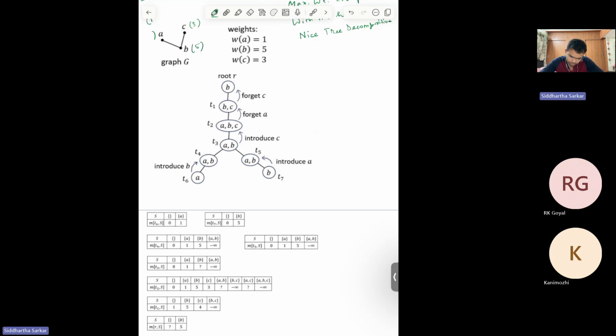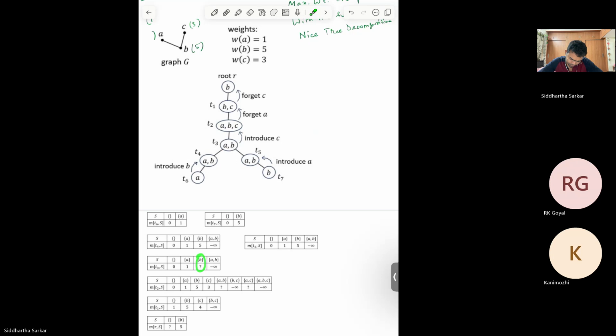So what all things are missing? So this entry is missing. This entry is corresponding to the root R and the empty set S, and this entry is missing corresponding to T2. T2 is this node and AC.